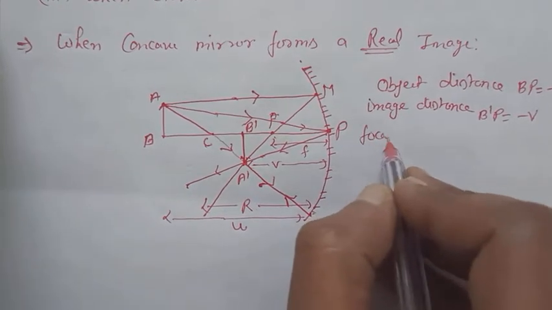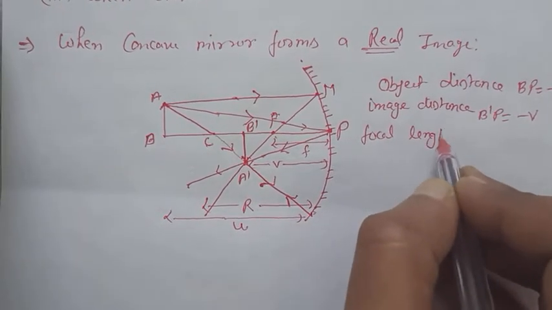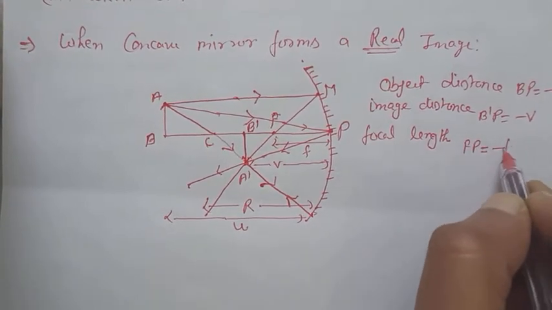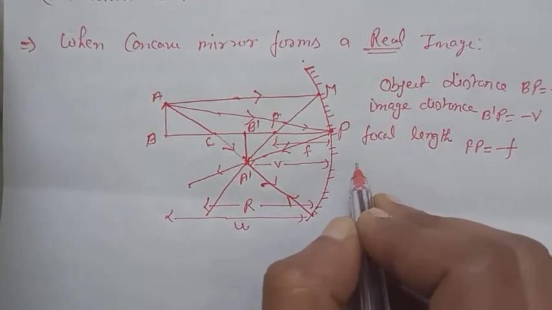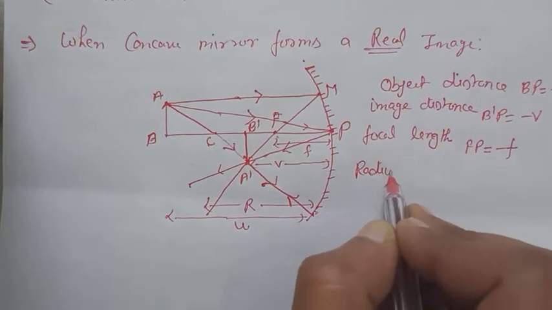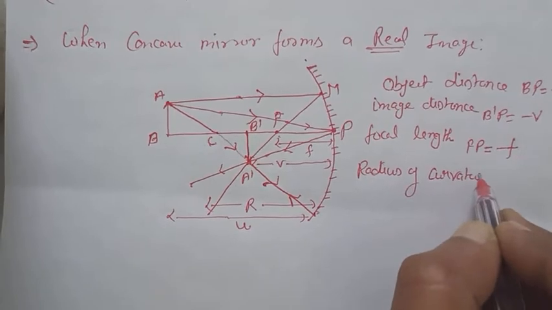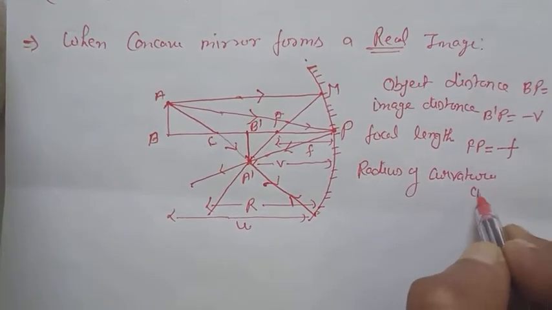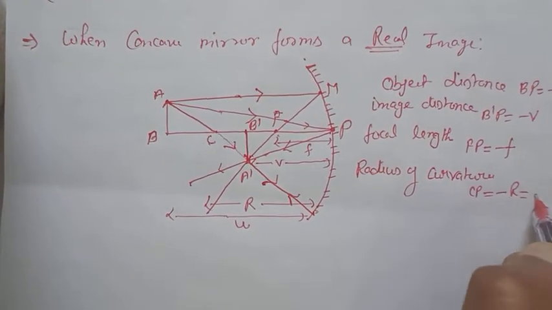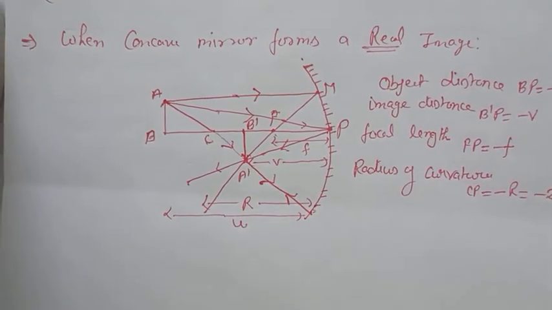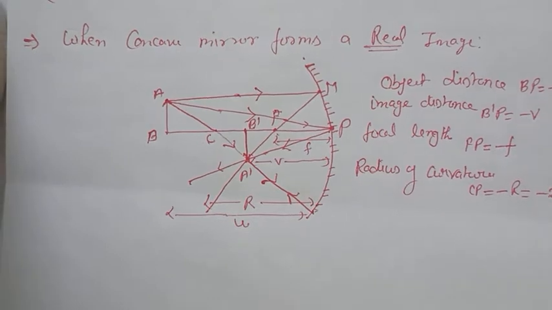Focal length FP equals minus f, and radius of curvature CP equals minus R equals minus 2f, because we are considering the direction opposite to the light.